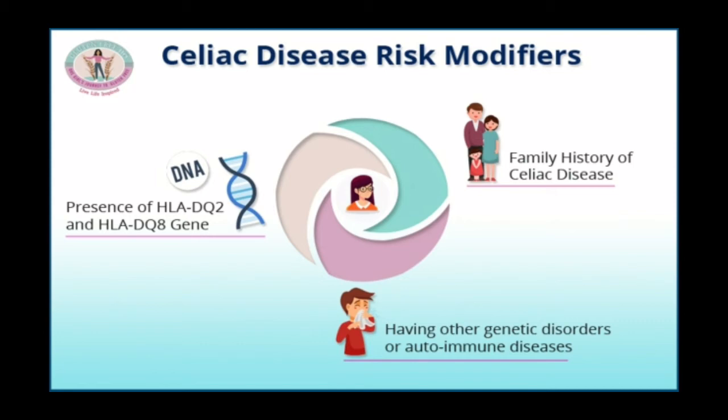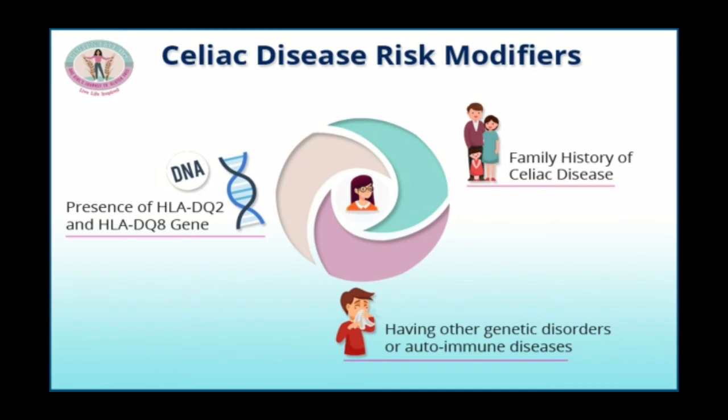Another reason is the presence of two genes, that is HLA-DQ2 and HLA-DQ8 gene. It is found that HLA-DQ2 gene is found in 95% celiac patients, whereas the remaining 5% have HLA-DQ8 gene.